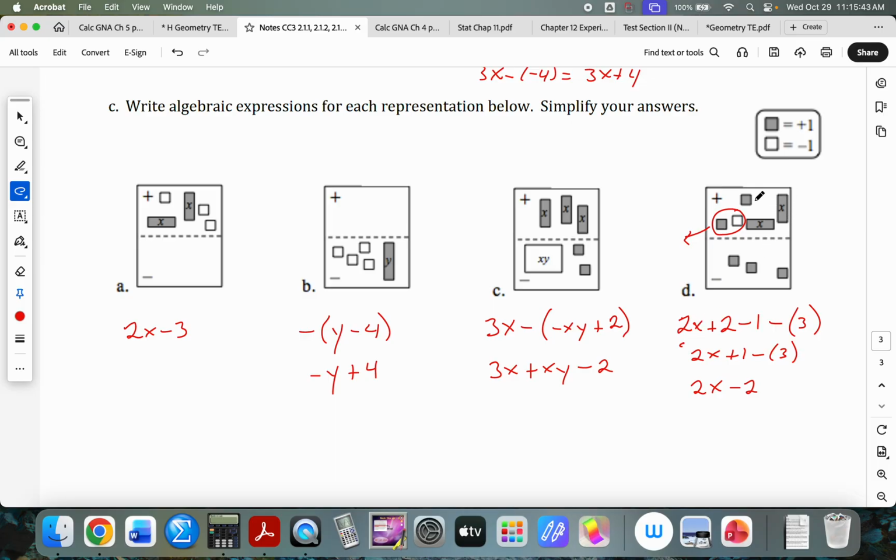And here, I've got a positive tile in the positive region and a positive tile in the negative region. Those add up to 0 also, don't they? And look what I'm left with. If I take those out, 2x minus 2, which is what we have here. That's an idea that we're going to make a lot of use of, that is zeroing things out to make them simpler. Any questions?